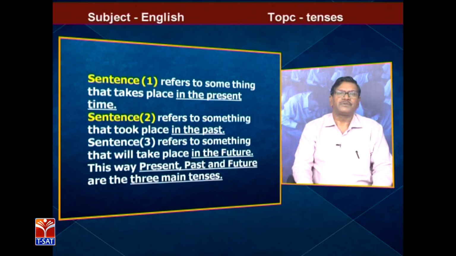Sentence 1 refers to something that takes place in the present time, sentence 2 refers to something that took place in the past, and sentence 3 refers to something that will take place in future. Present, past and future. These are the 3 main tenses.